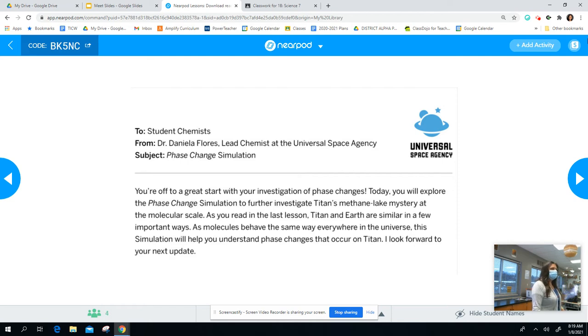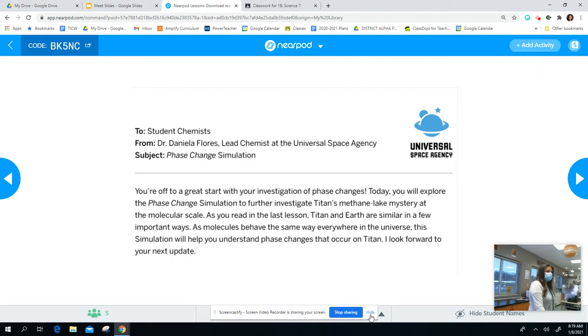Today, you will explore the phase change simulation to further investigate Titan's methane lake mystery at the molecular scale. As you read in the last lesson, Titan and Earth are similar in a few important ways. As molecules behave the same way everywhere in the universe, this simulation will help you to understand phase changes that occur on Titan. I look forward to your next update.